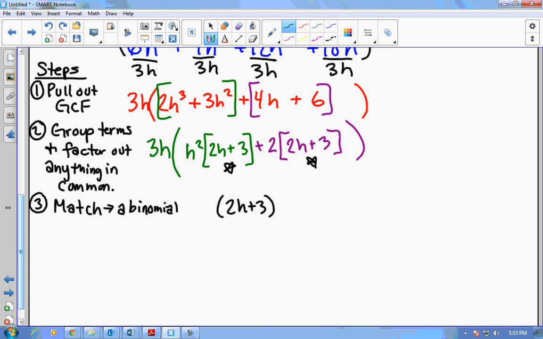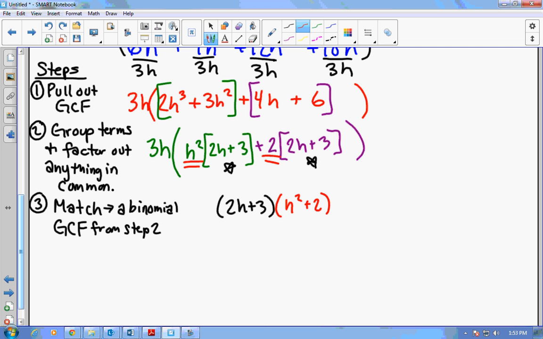Then, the other factor was the GCF from step 2. H squared plus 2. If I took out 2h plus 3, it would leave h squared plus 2. That's my other factor.